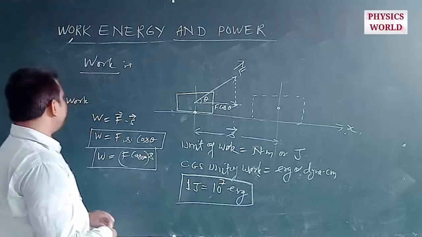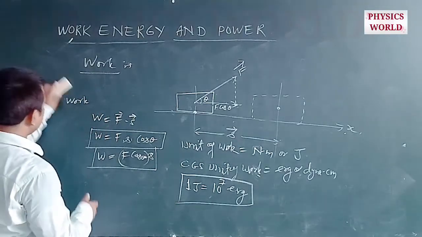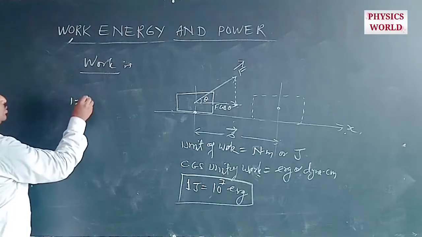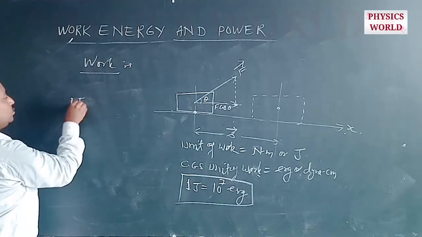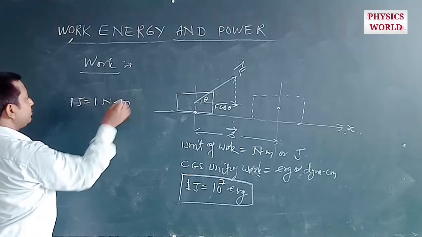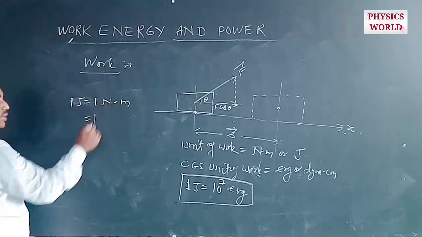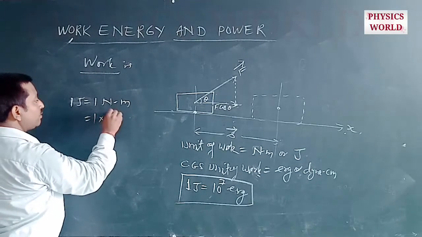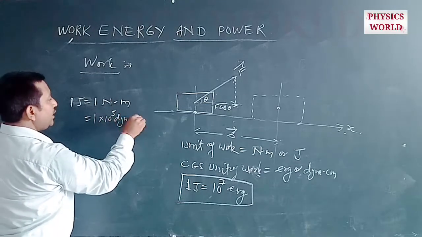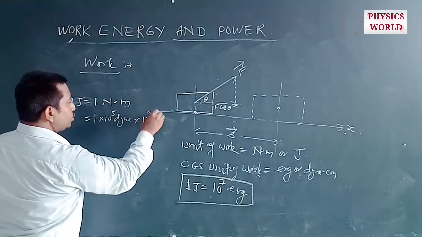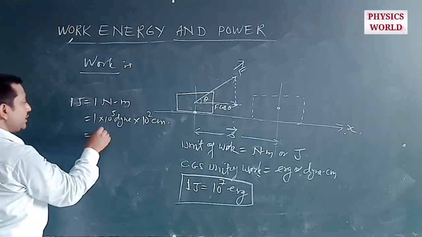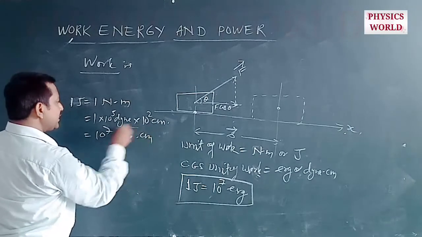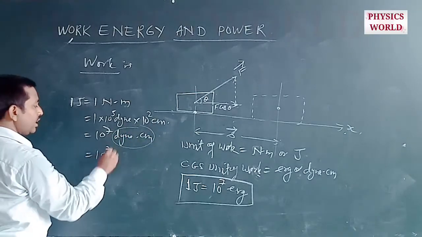It can be easily calculated here like this. Suppose that 1 joule is equal to 1 Newton meter. If we convert the 1 Newton into dyne, then we get 10 to the power 5 dyne, and 1 meter is 10 to the power 2 centimeter, so we get 10 to the power 7 dyne centimeter, and this dyne centimeter is known as erg.